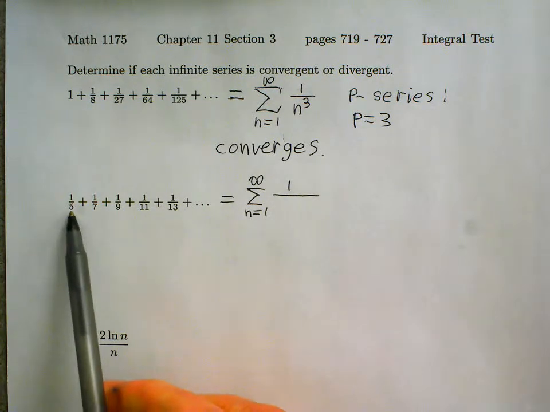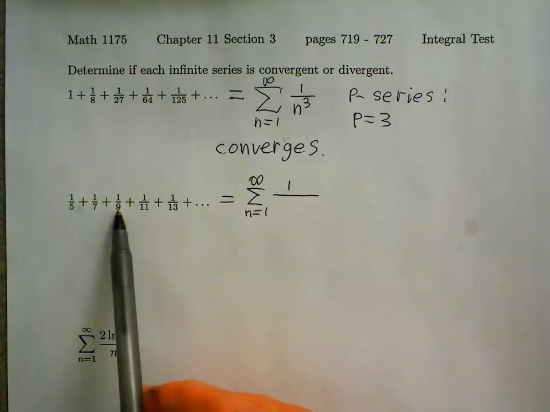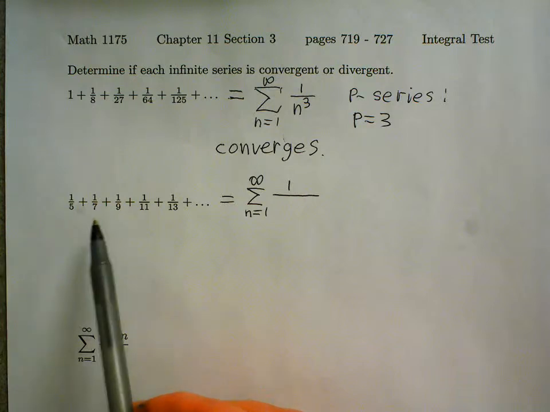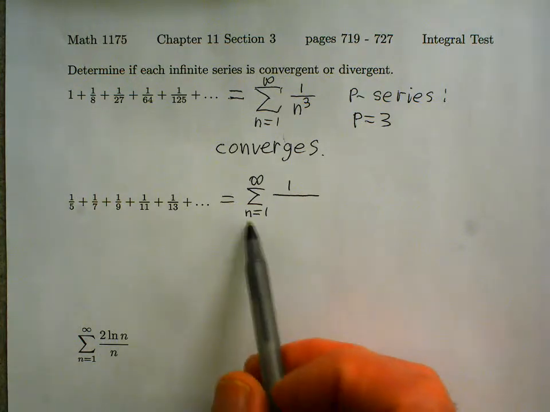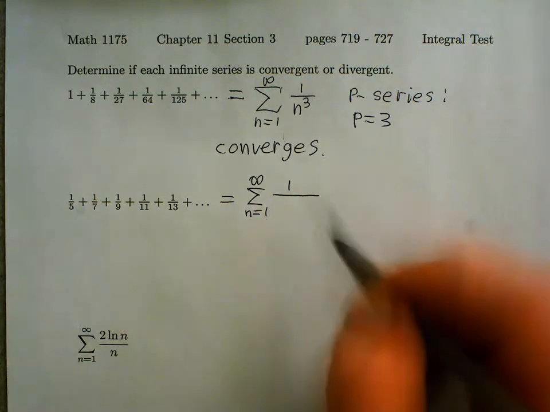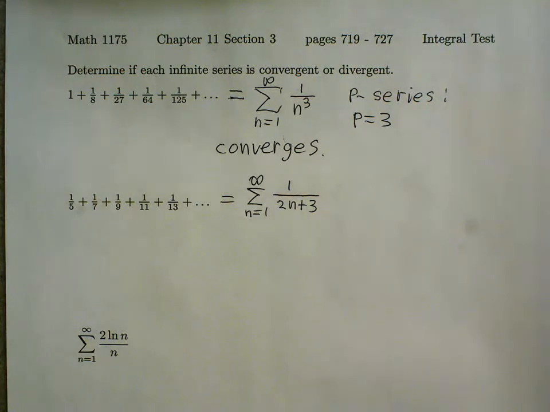Notice that the denominators increase by 2 at each step. So that means we're going to need a 2n. When n is 1, 2 times 1 is 2. So if I add 3 to it, I'll write 2n plus 3 in the denominator.